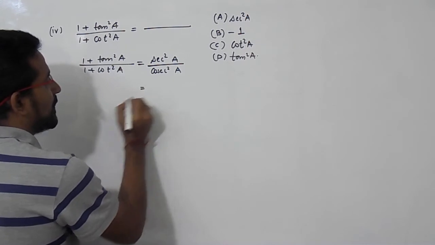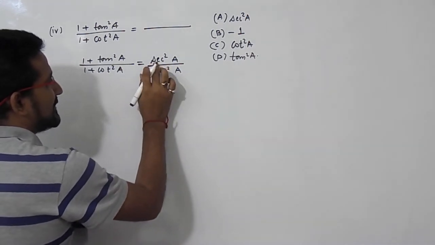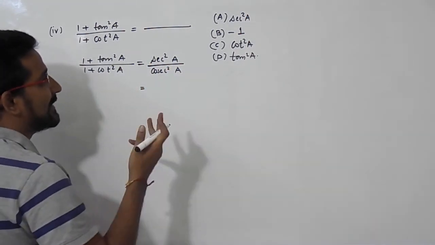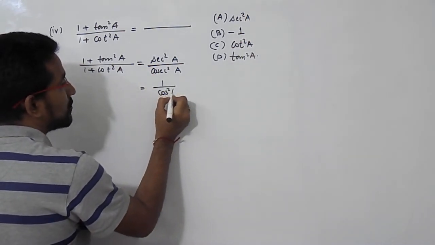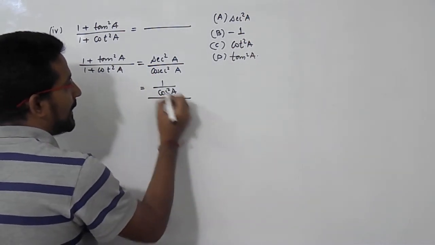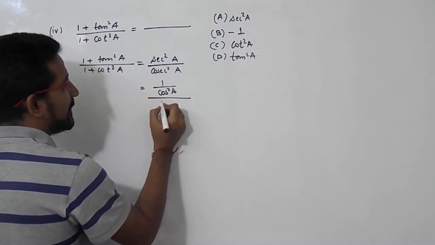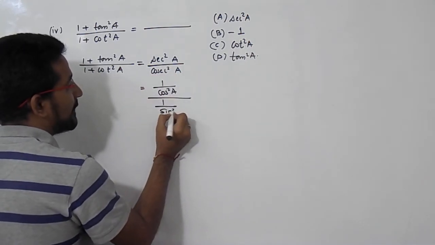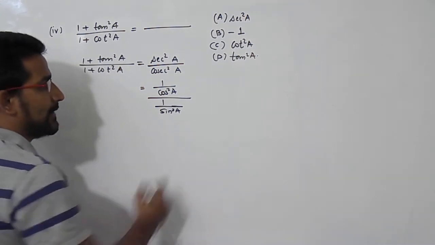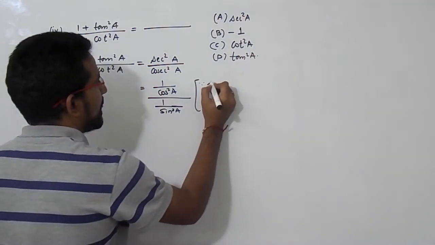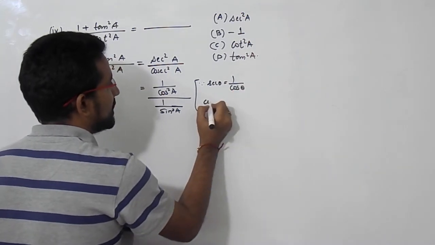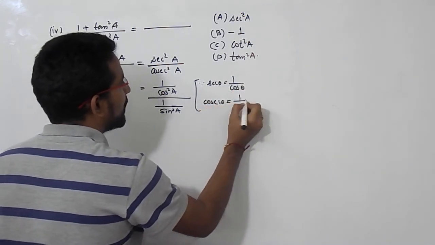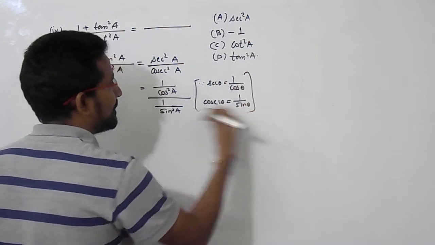Now we'll simplify this. I can write sec in terms of cos. I can write this as 1 upon cos square A divided by cosec. Cosec is nothing but reciprocal of sin, so I can write 1 upon sin square A. Since we know that sec theta is 1 upon cos theta and cosec theta is 1 upon sin theta.